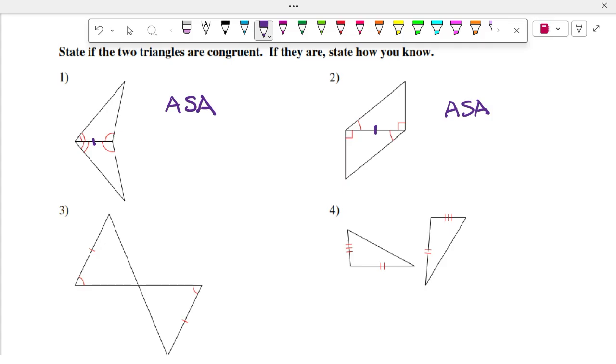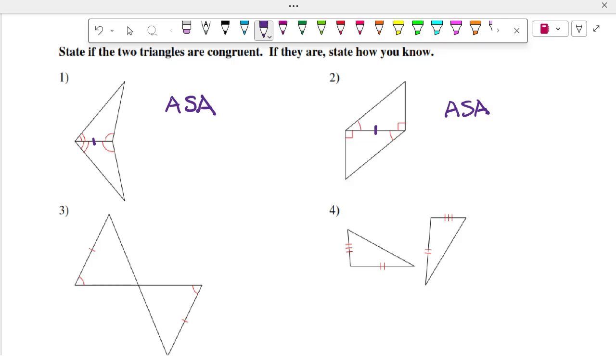Remember, with tick marks it's a matching game. In other words, this side that has 3 ticks will be congruent to the side that also has 3 ticks. It doesn't really matter how many ticks you put. I could have put 2 ticks here, and it wouldn't have mattered. As long as you put the same number of ticks, it doesn't matter. You can put 100 ticks if you want to.